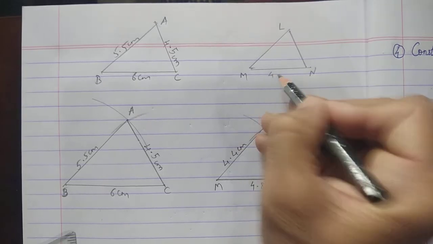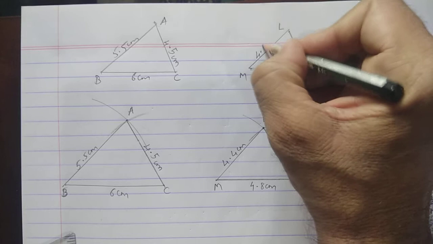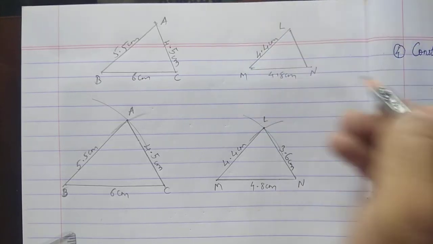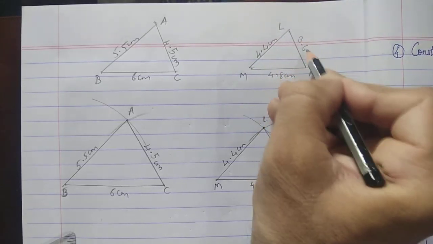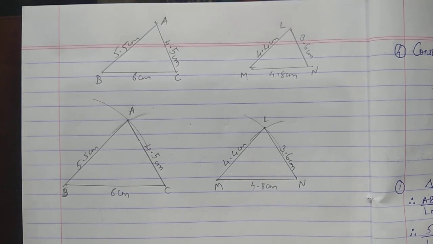Okay, MN is 4.8 centimeter, LM is 4.4 centimeter, and this is 3.6 centimeter. This way you will construct your fair diagram and rough diagram. Is it clear? Okay. So this way you will construct question number 3 also now.